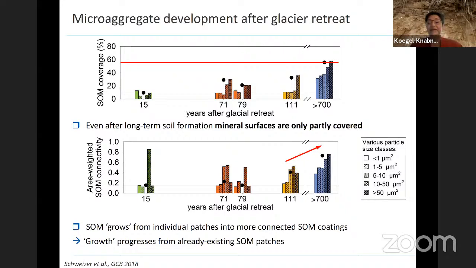And we think this has implications for understanding how and where organic matter accumulation in mineral soils occurs.